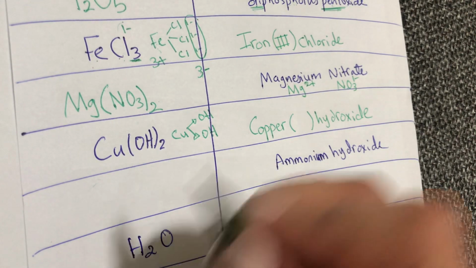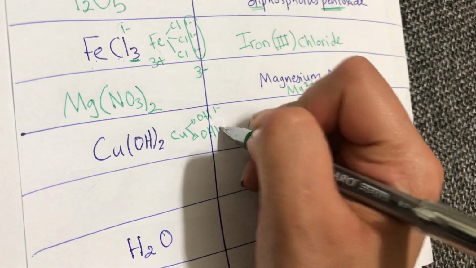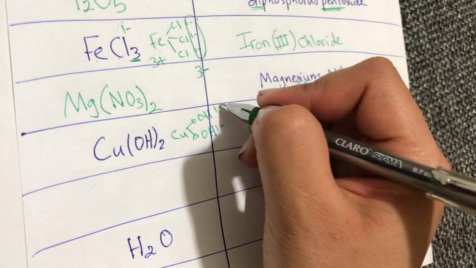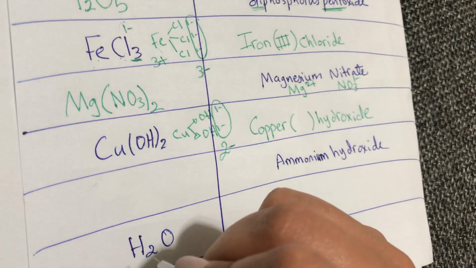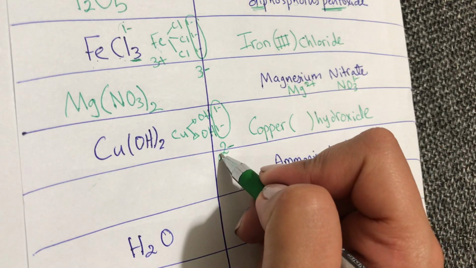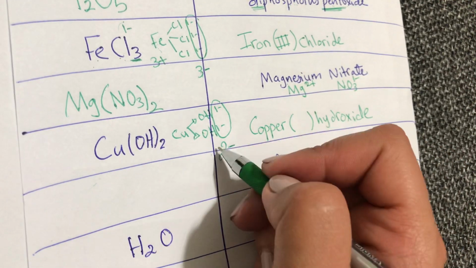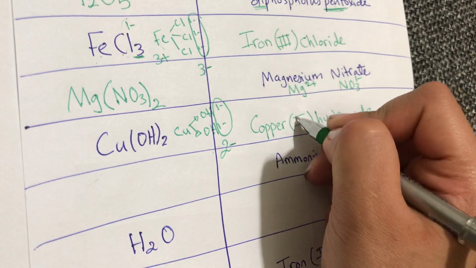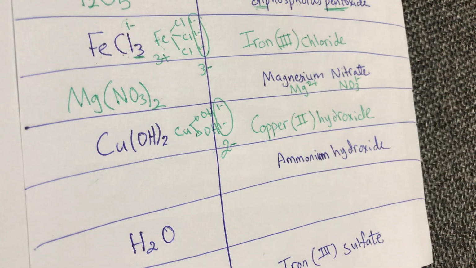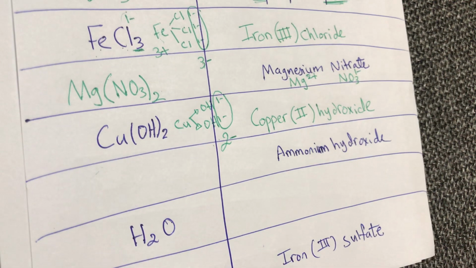Each of these carries -1. So the total negative charge is -2. The negative charge must be equal to the positive charge. So copper must carry a +2 charge.